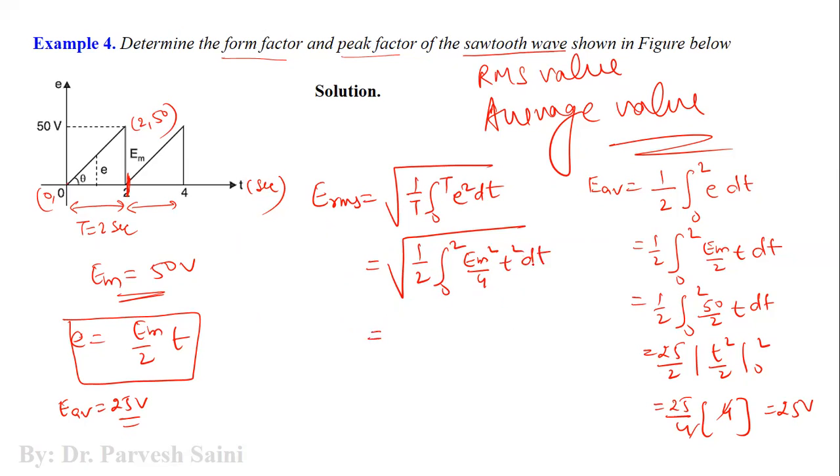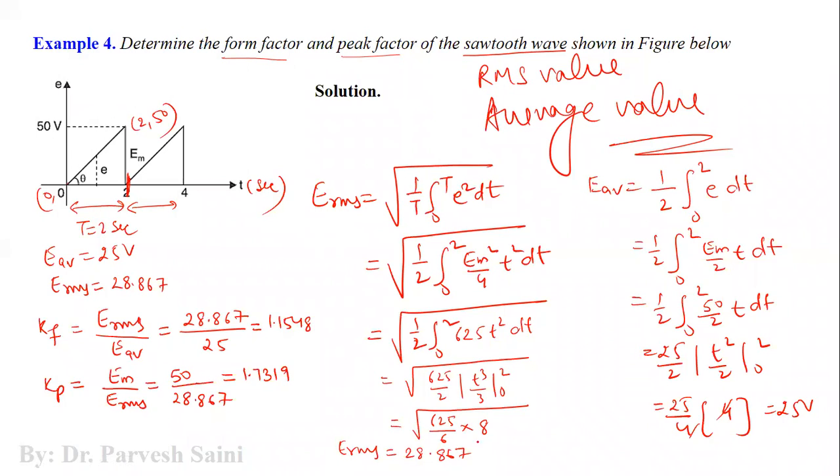So we can simplify this equation and solve. So on simplifying these equations, we have got the RMS value equal to 28.867 volt, and then form factor and peak factor can be obtained, which are 1.1548, which is form factor value, and peak factor is 1.7319. So this is how we can solve the numerical related to form factor and peak factor, wherein we need to have the RMS value and average value as well.